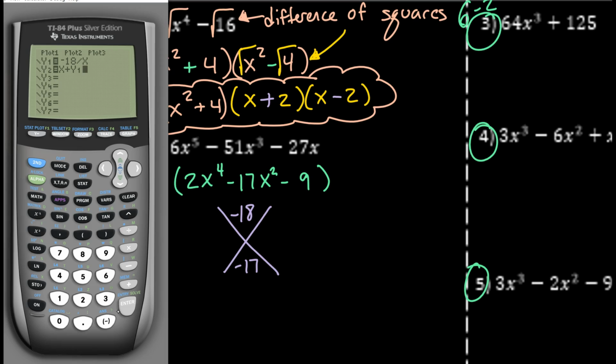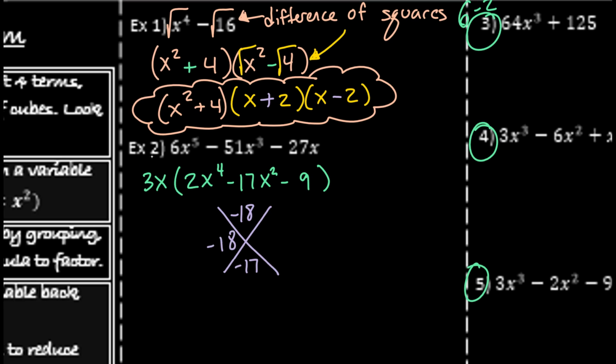You get y1 by pressing alpha trace. Then you do second table to get your table, and what are you looking for? Negative 17 in y2. Oh, look. We got exactly what we thought it was. Negative 18 and 1.